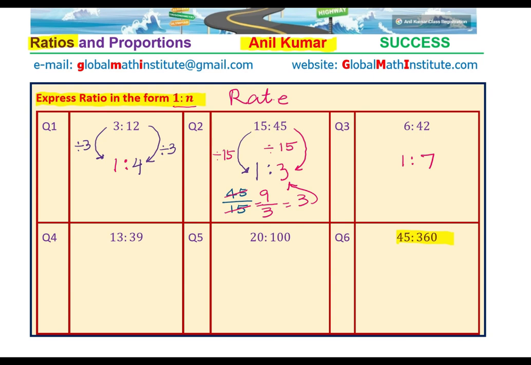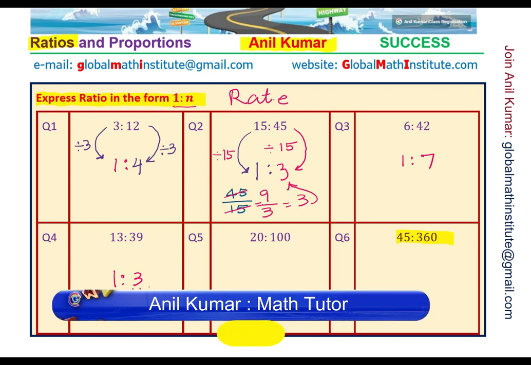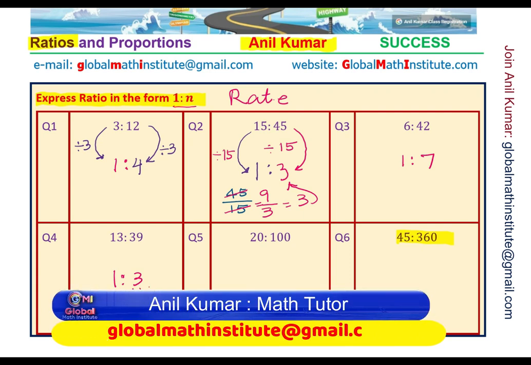Makes sense, right? Perfect. 13 to 39, we want to write this as 1 is to what? And 13 times 3 is 39. So we have used the same concept of times, right? Multiplication and division are similar operations. So you could think in terms of either multiplication or division.